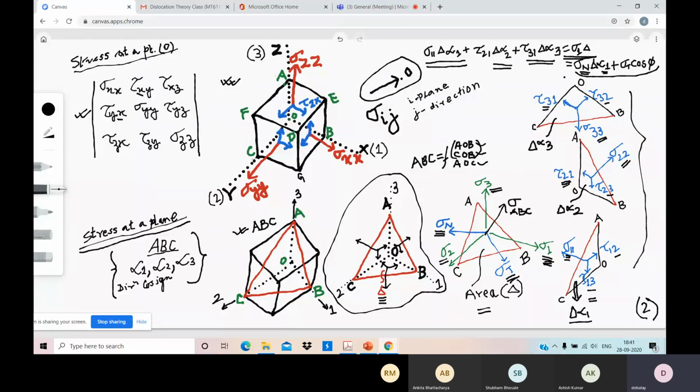So the sigma 1 contribution will come from sigma n, and the area of that plane is delta. Sigma n alpha 1 will be the contribution of sigma n towards sigma 1.